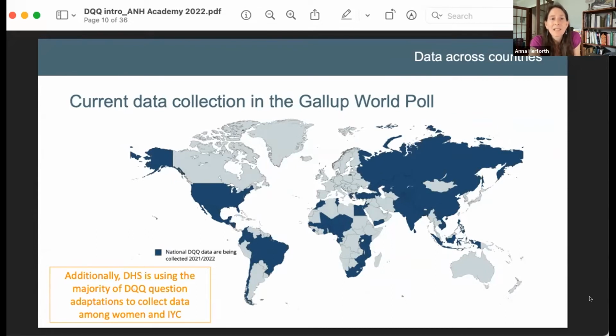So data is actually coming soon, nationally representative data using the DQQ across all of these countries. And in addition, DHS is using the majority of DQQ question adaptations to collect data among women and infants and young children, which are the age groups that are covered in DHS in low and middle income countries.